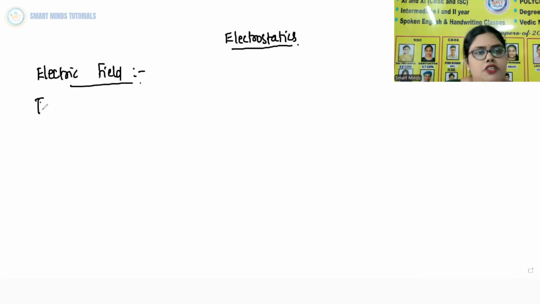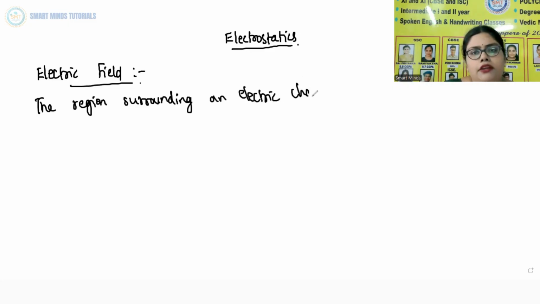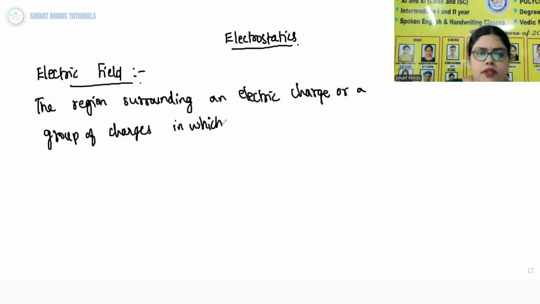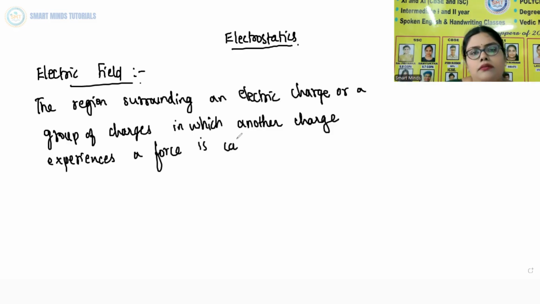So let's write the definition. The region surrounding an electric charge or a group of charges in which another charge experiences a force is called electric field.